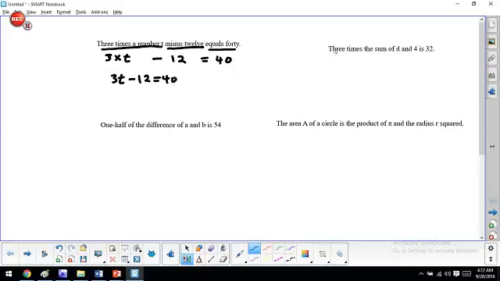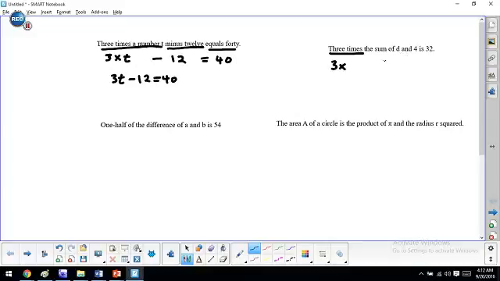Let's look at this one. We have 3 times the sum of d and 4 is 32. So it will be 3 times, but it does say the sum of d and 4.